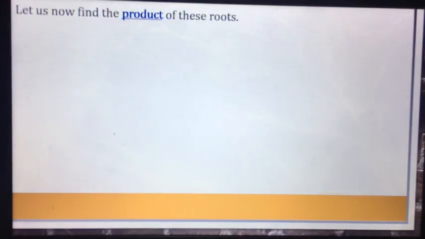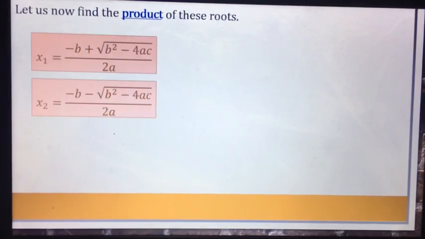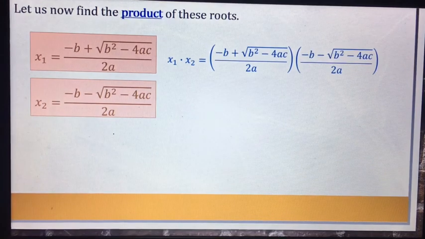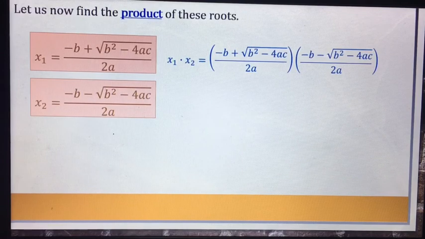Now, let us find the product of these roots from the quadratic formula. We are going to multiply x sub 1 times x sub 2. So our x sub 1, negative b plus the square root of b squared minus 4ac over 2a, times negative b minus the square root of b squared minus 4ac over 2a.